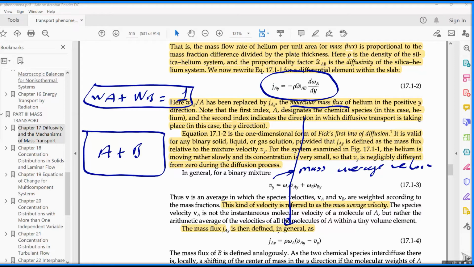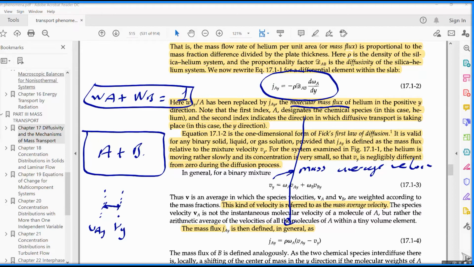So you see, here we have a system that contains two species, A and B. The system has some average velocity. Also the species A has some average velocity, let's say VAy. This difference between these two average velocities creates some transport of the species A inside our system.